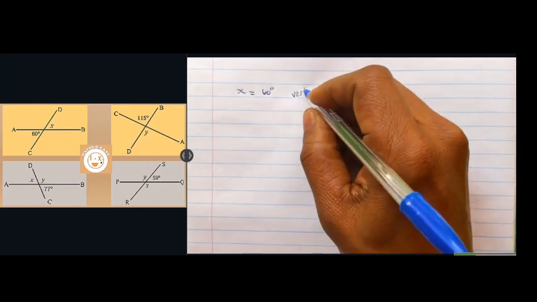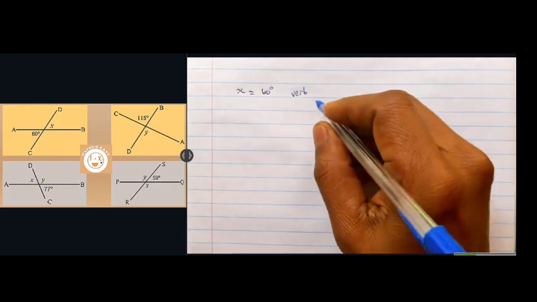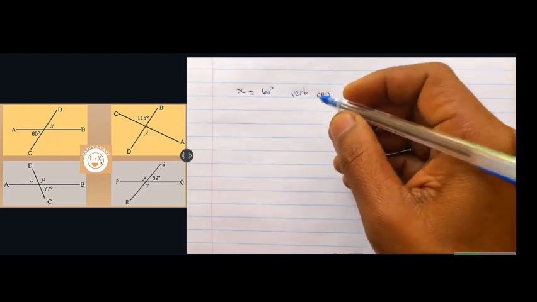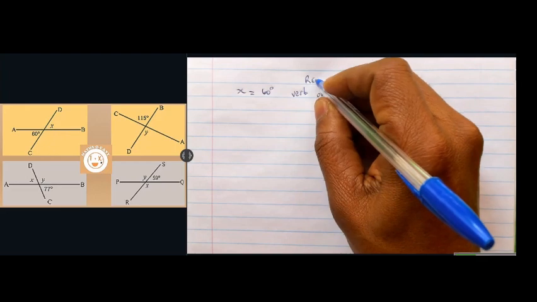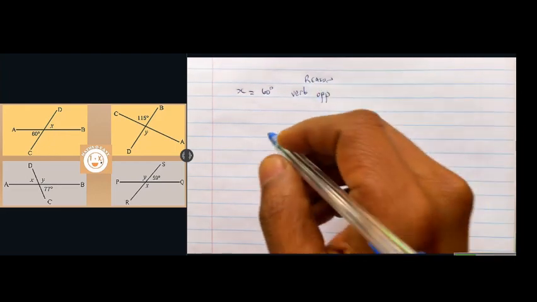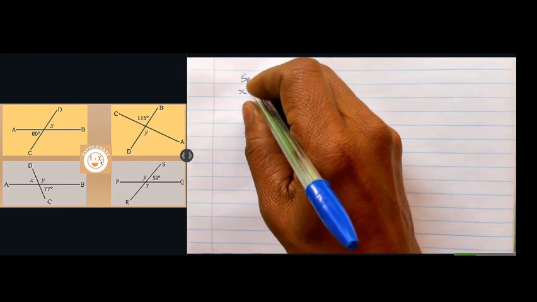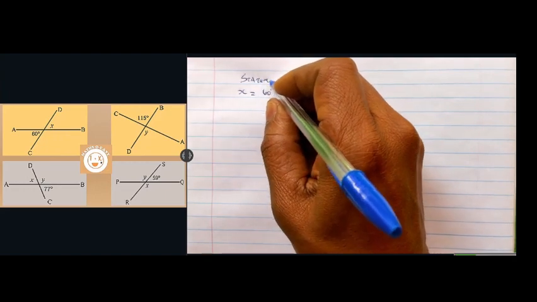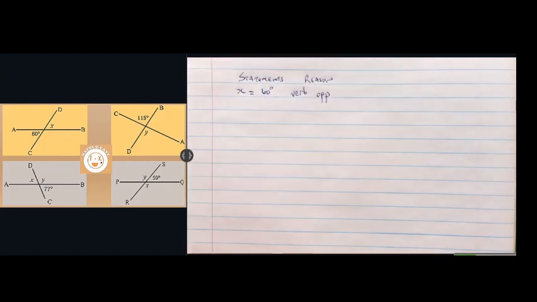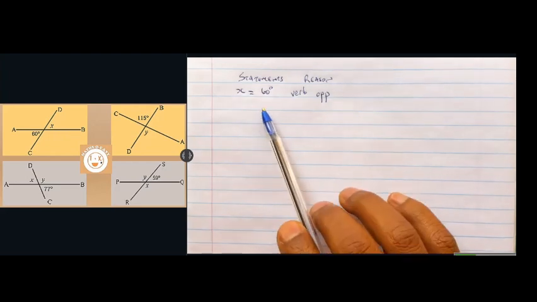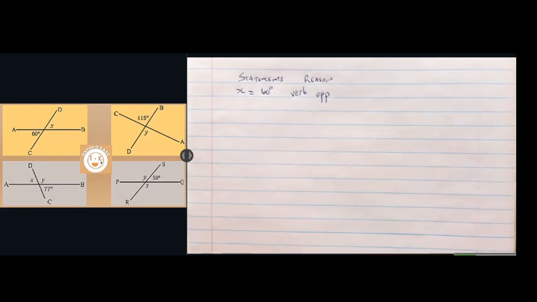But you must be able to write vertically opposite for your reason. Okay. So they give you a side with the reasons, and then they give you a side with statements, isn't it? So in your answer book, those are the two things that you have to write, and you must write both of them. Otherwise, you lose your mark.